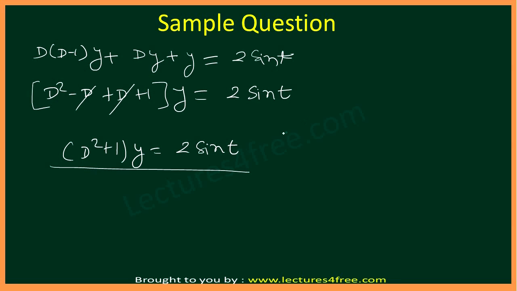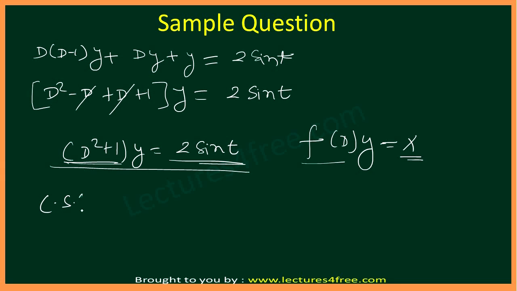Okay, so now our equation is in this form: f of D y is equal to capital X, where capital X is 2 sine t and this is a function of d. We can find the solution of this kind of equation by using our previous method, where the complete solution y is equal to complementary function plus particular integral.